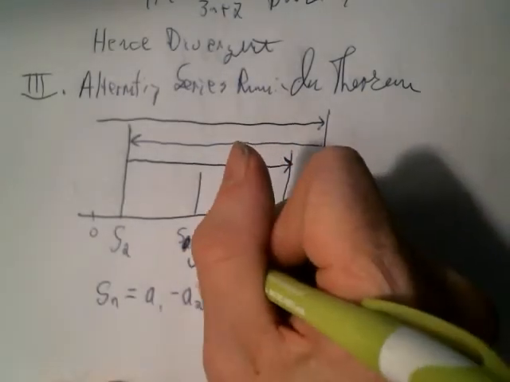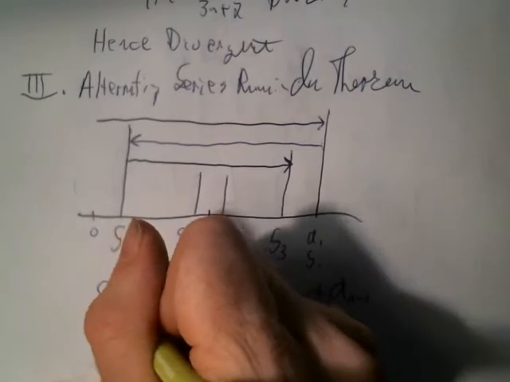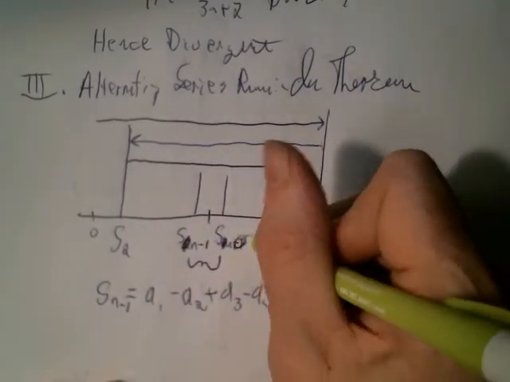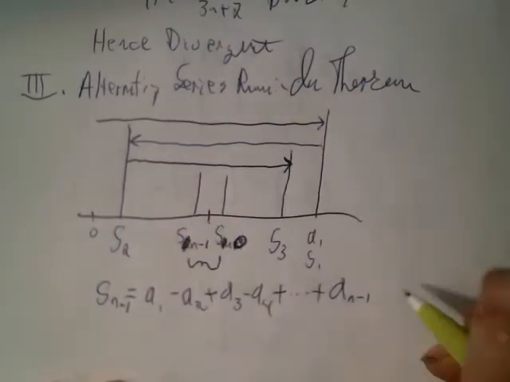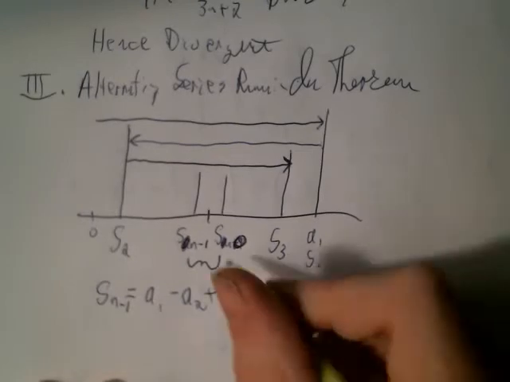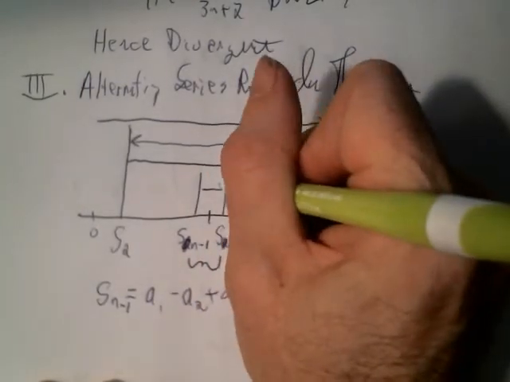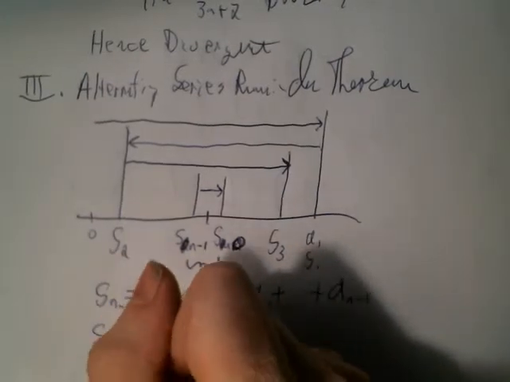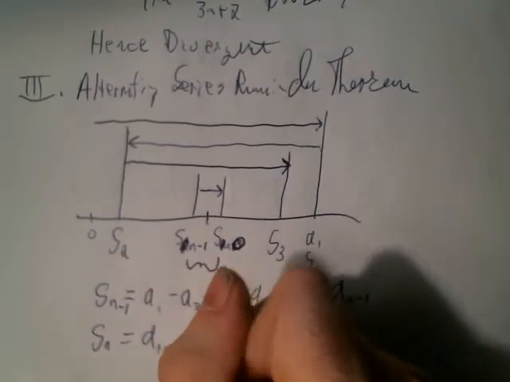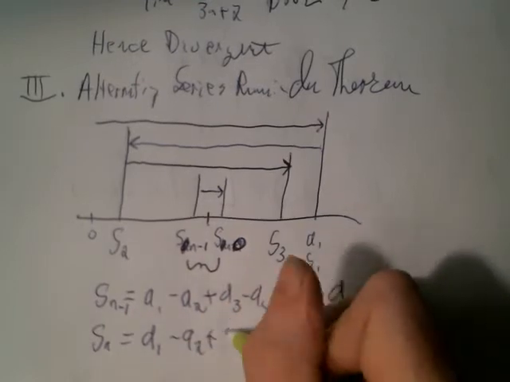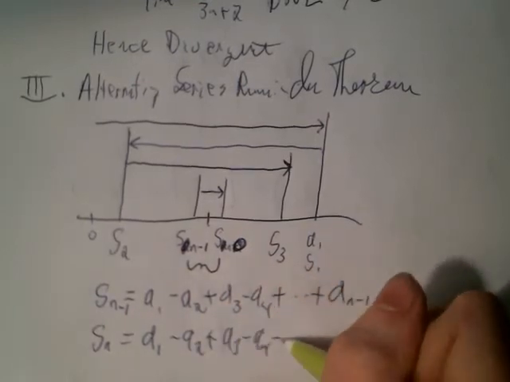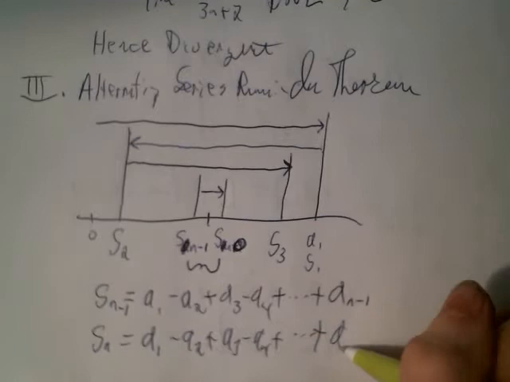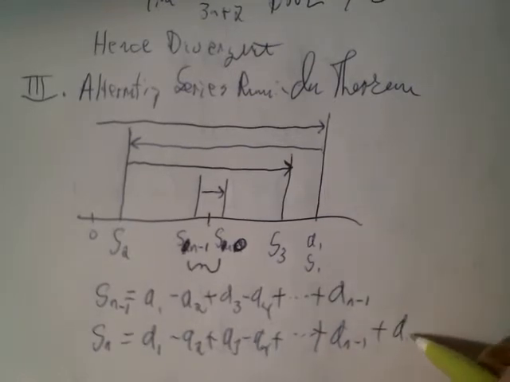Let's say this is n minus 1, so I'll look at s sub n minus 1 first. Then if we add in a sub n, we'll get over to s sub n. So s sub n minus 1 is this, and then s sub n is the same thing but adding in a sub n.